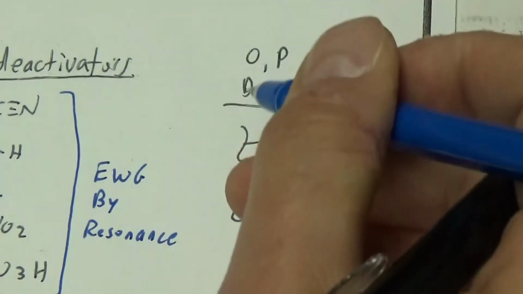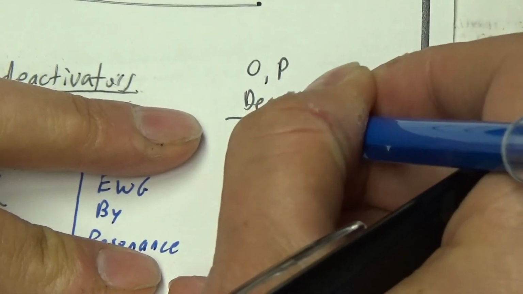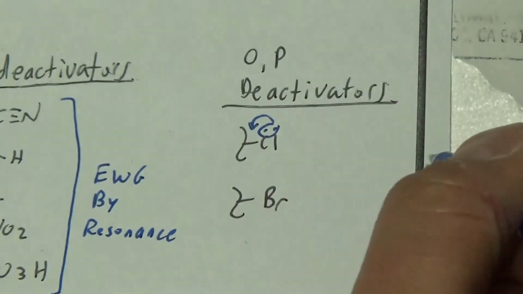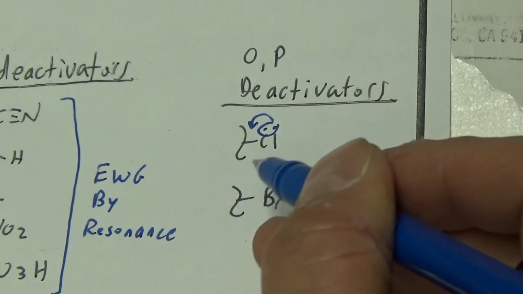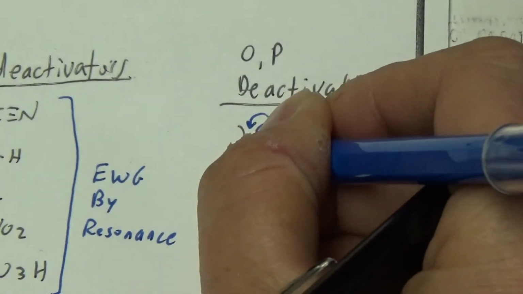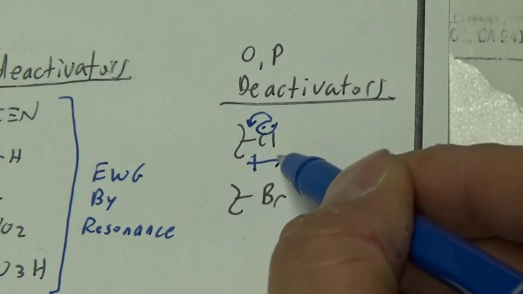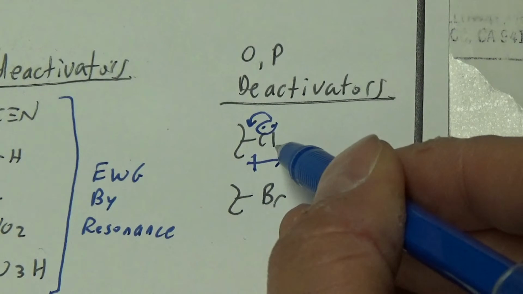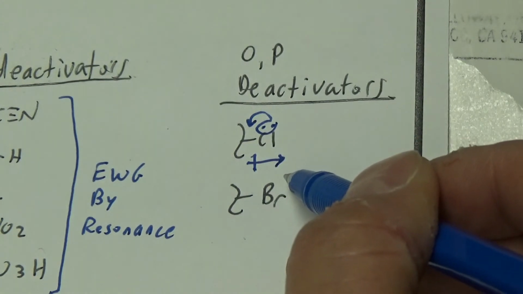So these are a little funny. They're directing by resonance. So the lone pairs are kicking in. And they're simultaneously pulling by induction, pulling electrons outward towards the chlorine or bromine.